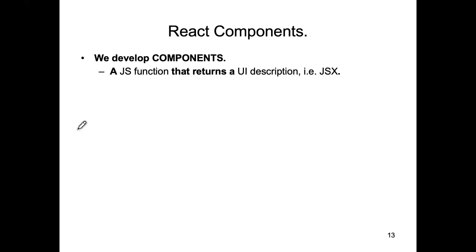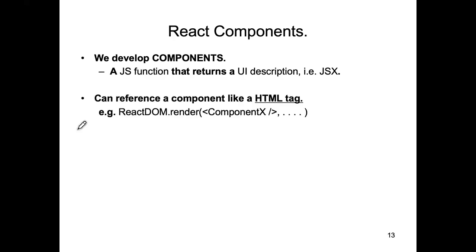That snippet may be dynamically computed by the function, but it must return JSX syntax. And as we know now, the JSX is a declarative description of the user interface of a particular component, how we want it rendered on the screen within a web page.